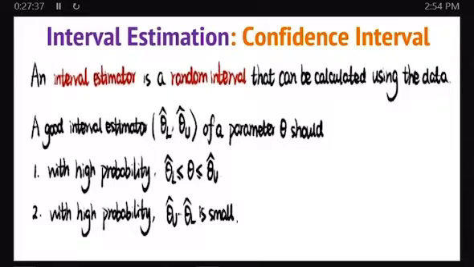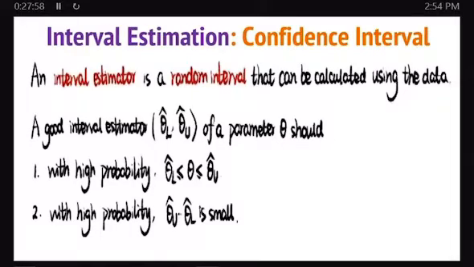If I say 95, then out of 100, it's going to lie in 95. Does that make sense? That's why we call it a random interval. And it can be computed from data, the same way we compute the point estimate from data.